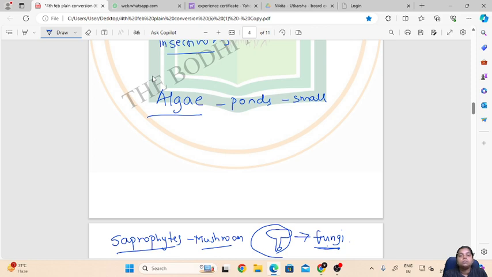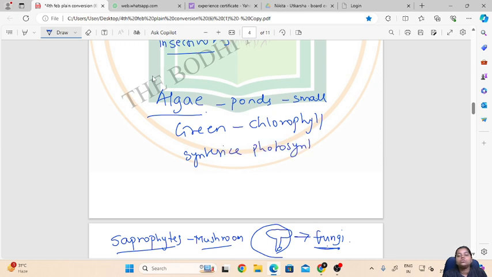Those are called algae. They are green in color, which means they contain chlorophyll, and they synthesize food photosynthetically. So they are also autotrophs. Like plants, they can produce their own food.